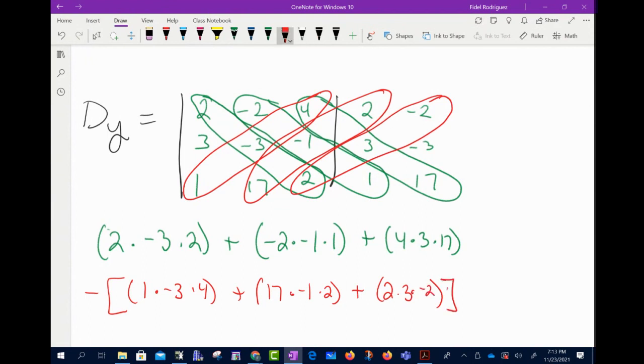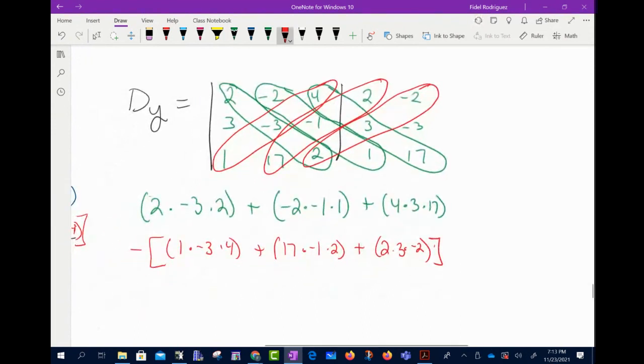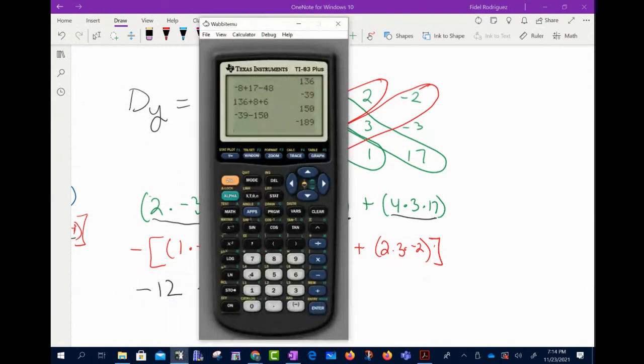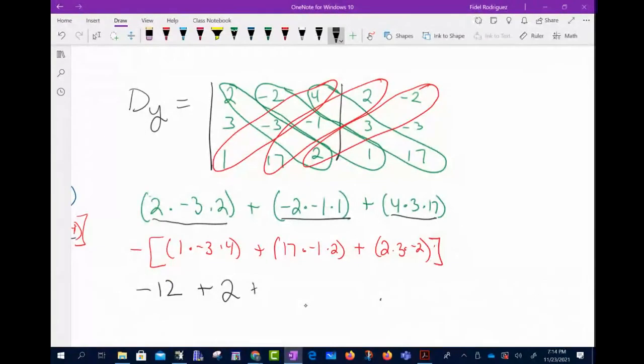Okay. All right. So now that we have this part, let's see if we can find our answer. When I take these numbers here, 2 times -3 times 2 is going to be a -12. Plus, let's see, -2 times -1 times 1 is a +2. 4 times 3 times 17, I don't know, 204.